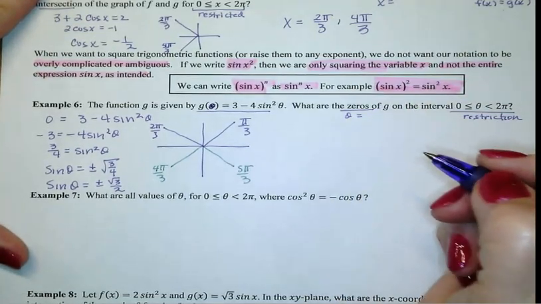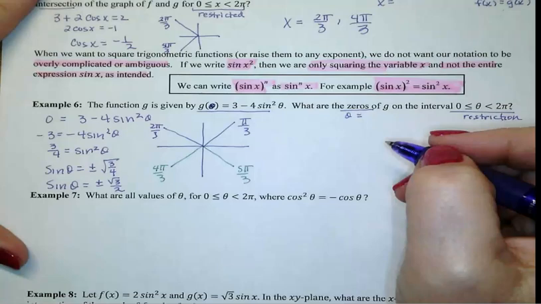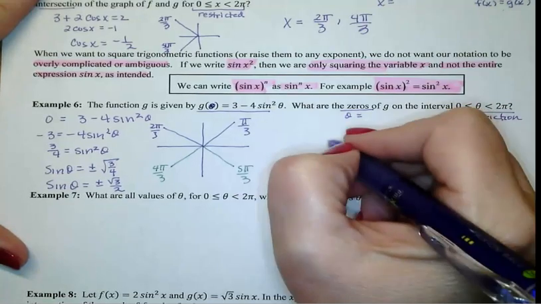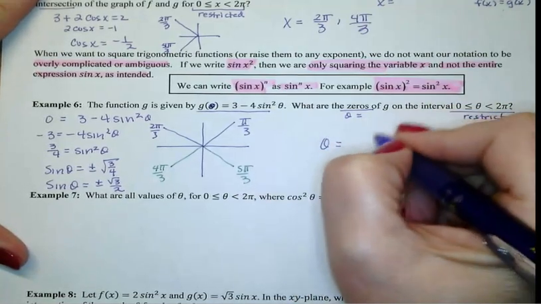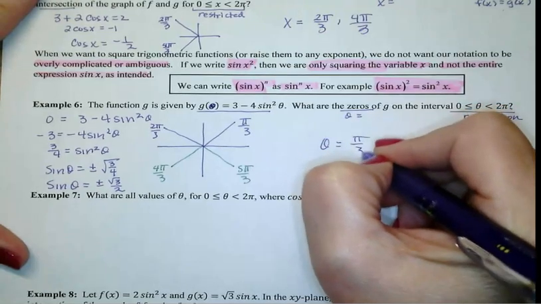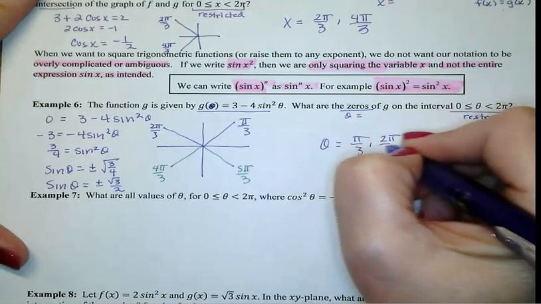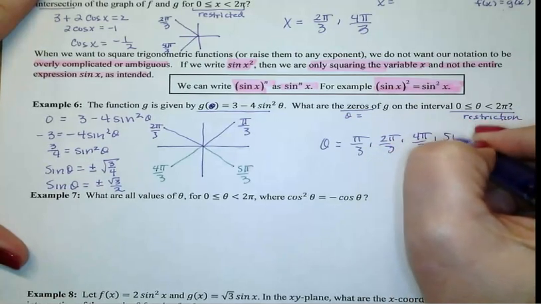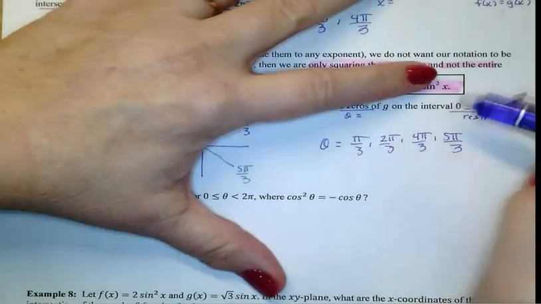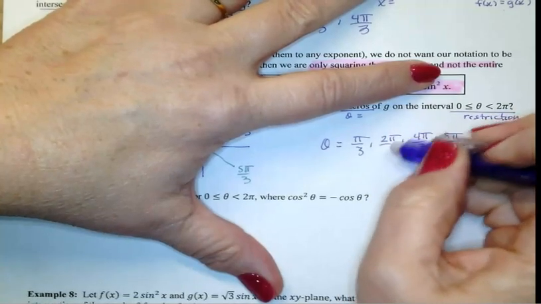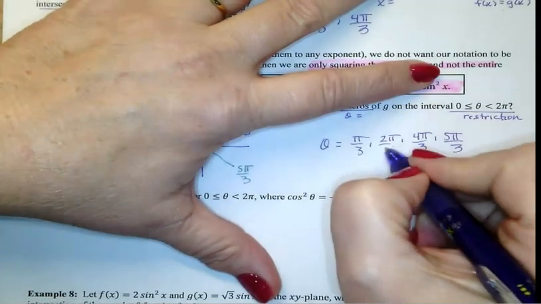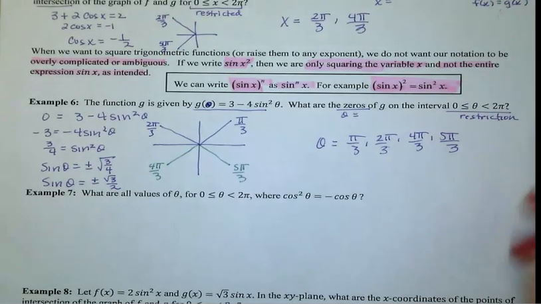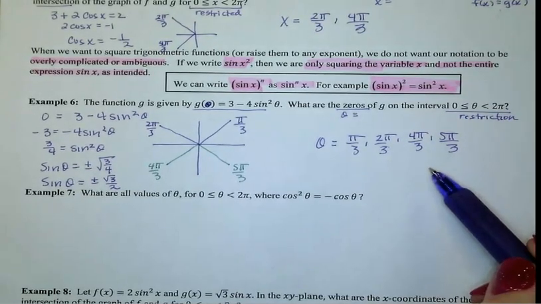So in this particular problem, I would have theta equals pi over 3, 2 pi over 3, 4 pi over 3, and 5 pi over 3. Okay, and so that's what it would look like if you have a problem that you're going to solve with a restriction. It'll be a list of answers.